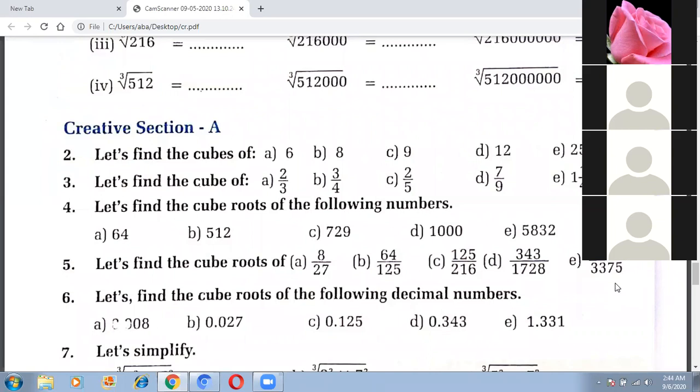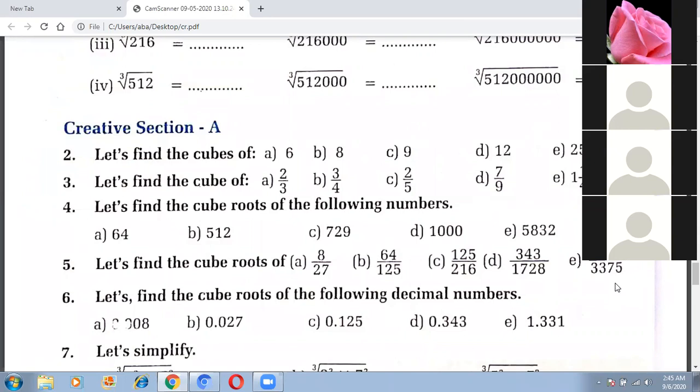First of all, you have to see that 8 is 2 cube, and 27 is 3 cube. The cube root and cube cancel. The answer is 2 by 3. What is the cube root of 8 by 27? 2 by 3. Yes?